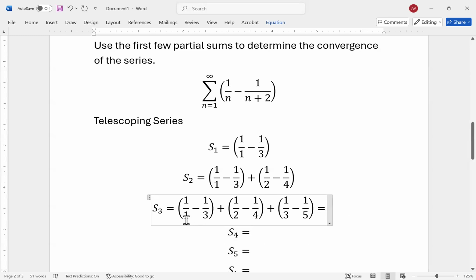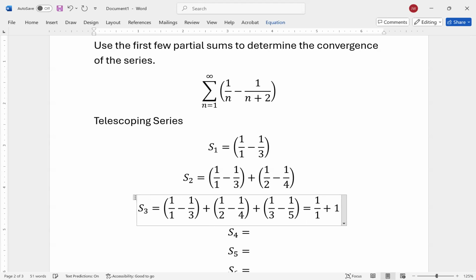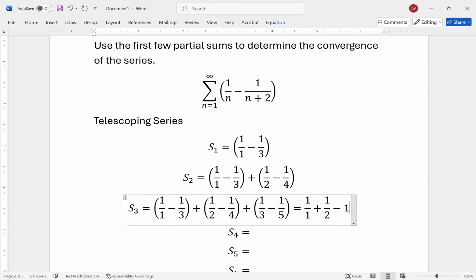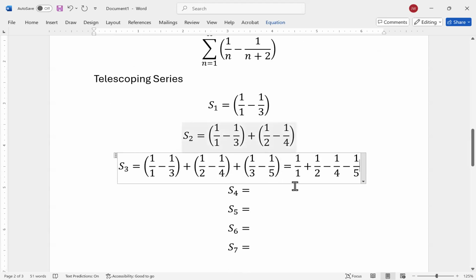And what we'll get is 1 over 1 plus 1 over 2 minus 1/4 minus 1/5. That's the third partial sum.